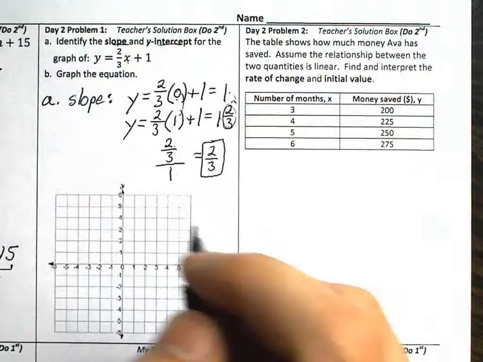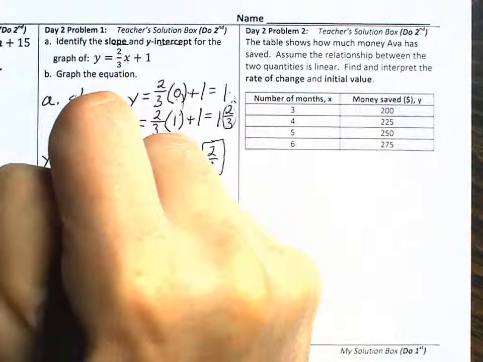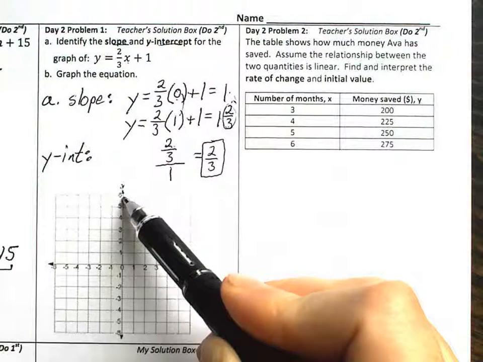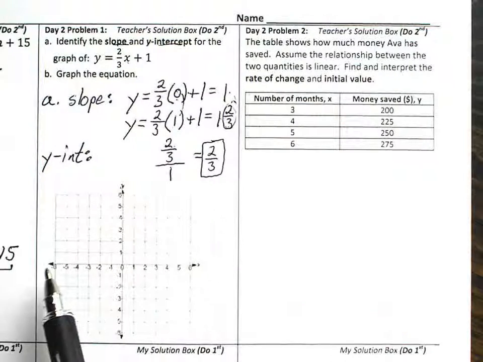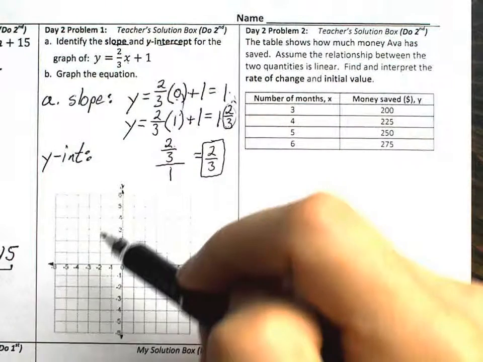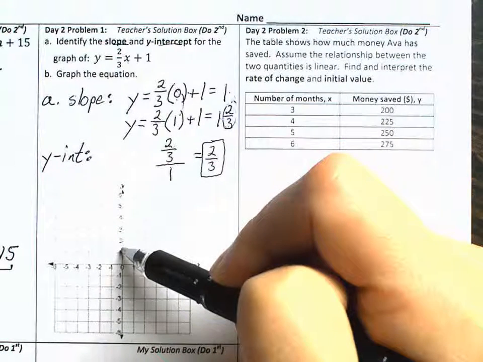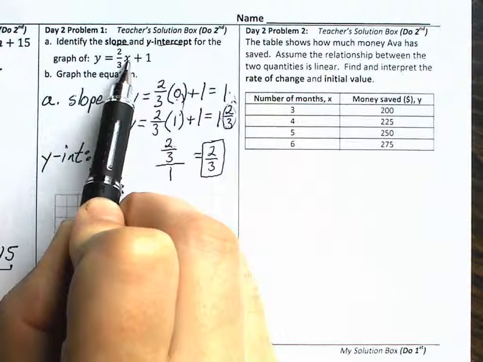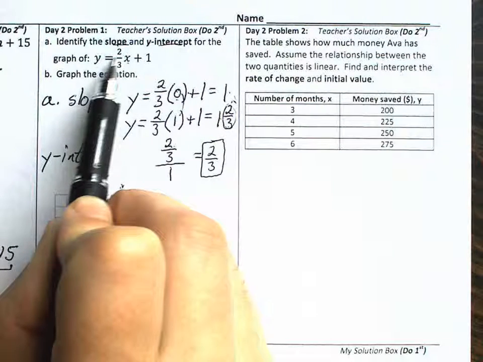Now the other thing we're asked is, what is the y-intercept of the graph of the equation? The y-intercept is the dot on the y-axis line where the graph is going to pass through. And any dot on the y-axis line will have as its x-coordinate a 0. And so we can find the y-intercept by putting a 0 for the letter x in the equation and then figuring out what we get as a result.